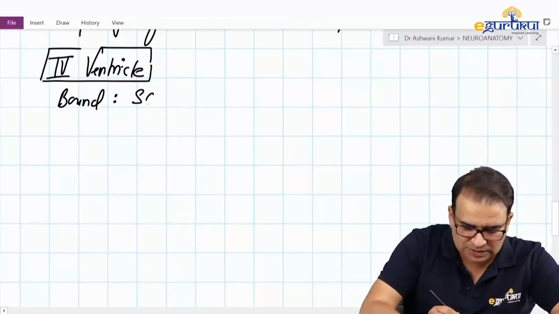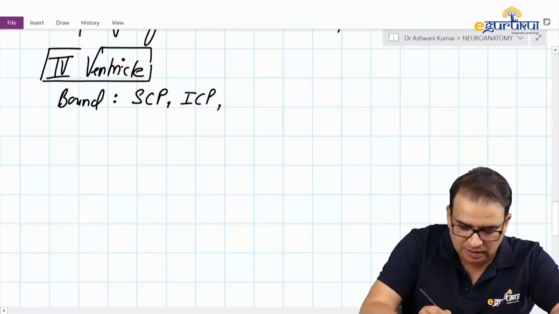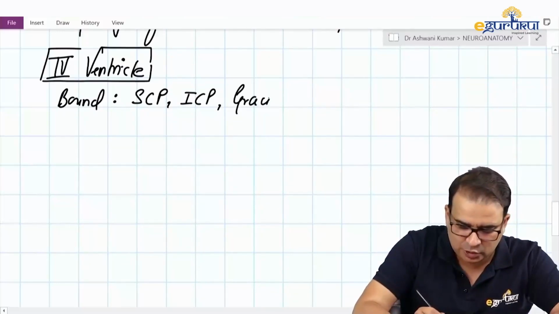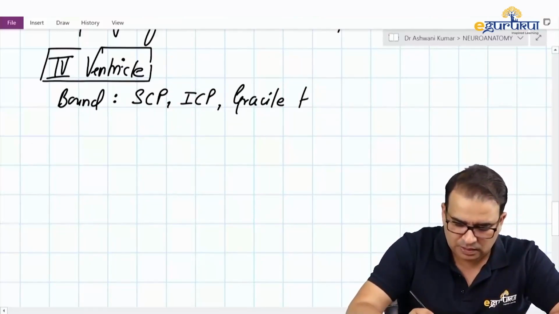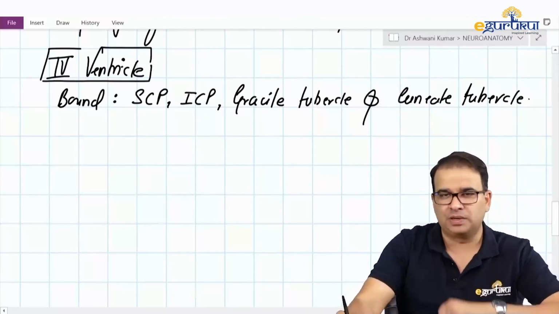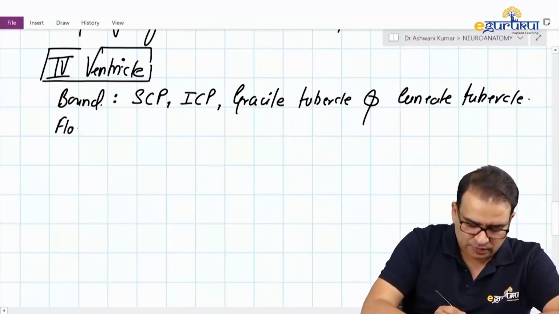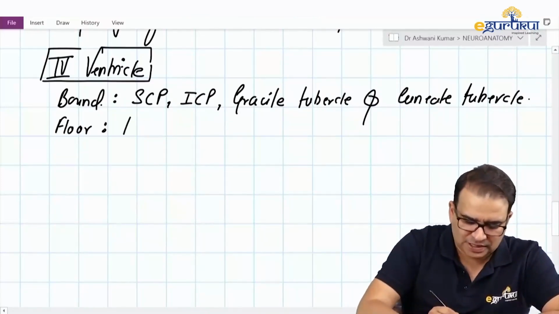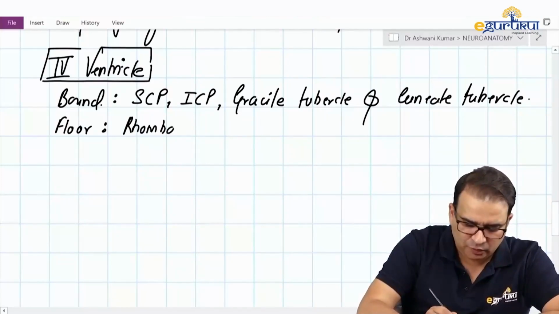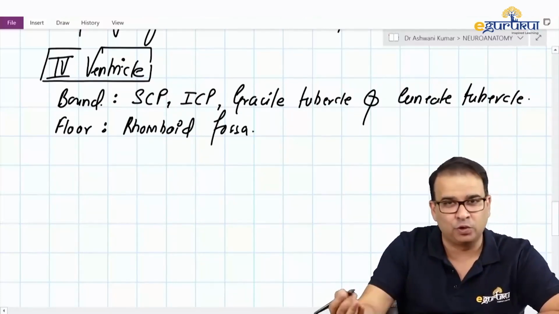It was the superior cerebellar peduncle, the inferior cerebellar peduncle, the gracile tubercle, and also the cuneate tubercle. Those were the boundaries. Floor we already discussed in detail, that is the rhomboid fossa only. Whatever we just discussed is all about the floor. So the rhomboid fossa is the floor of the fourth ventricle.